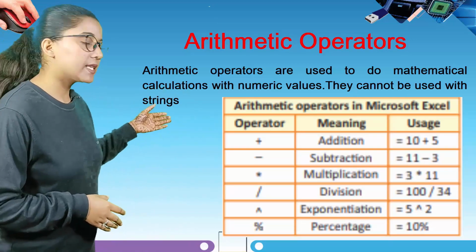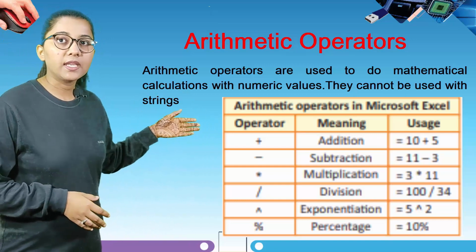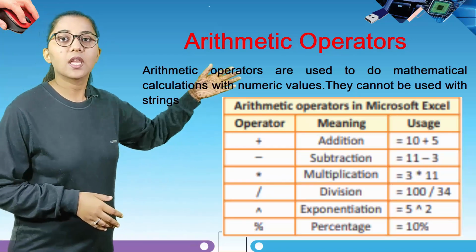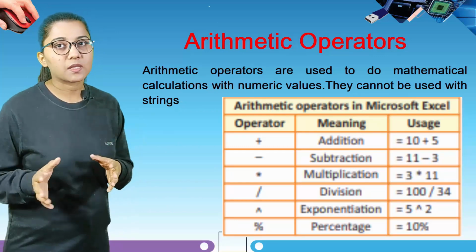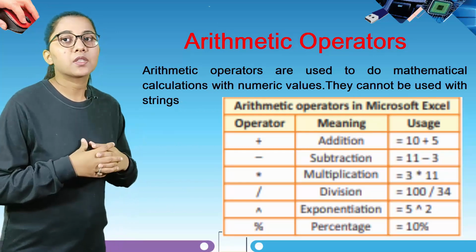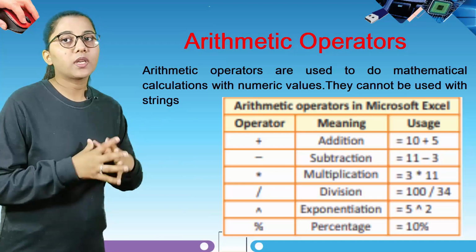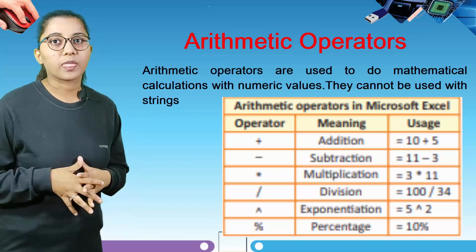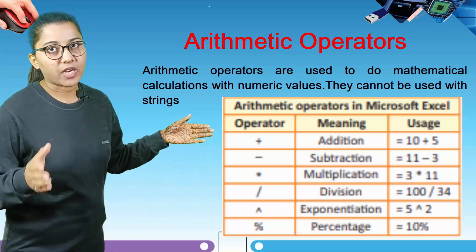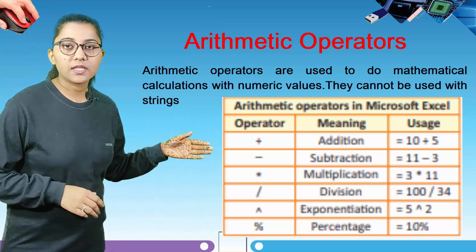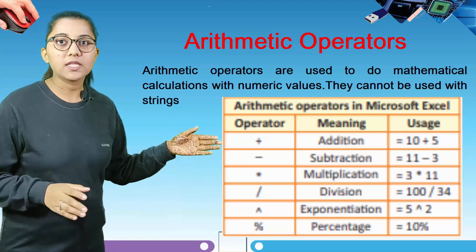First we can see the operator, then its meaning and then its usage. The first operator is plus, its meaning is addition and its usage is =10+5. Then we have minus, its meaning is subtraction and its usage is =11-3.